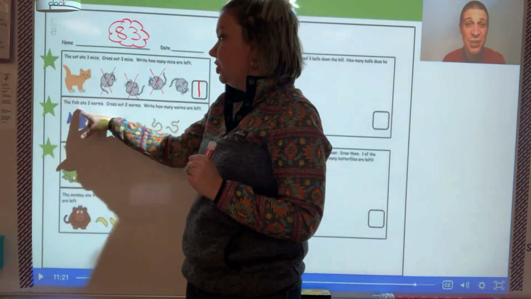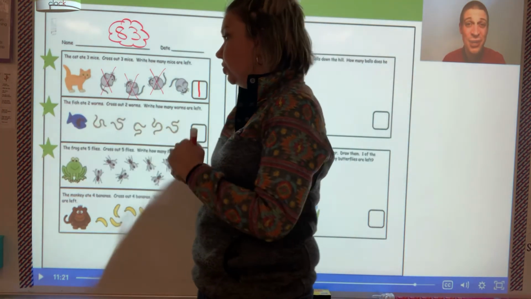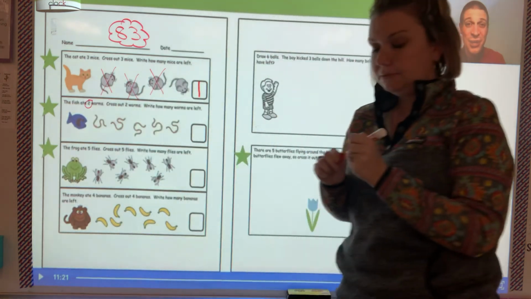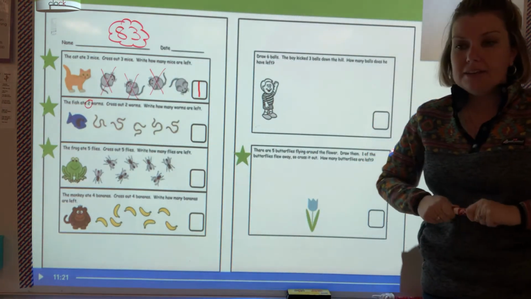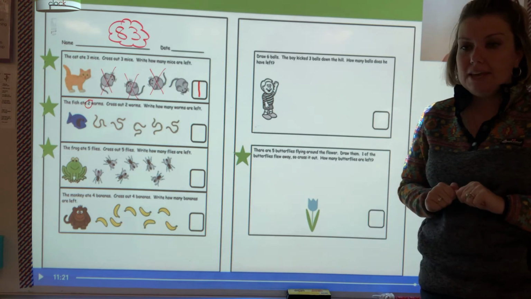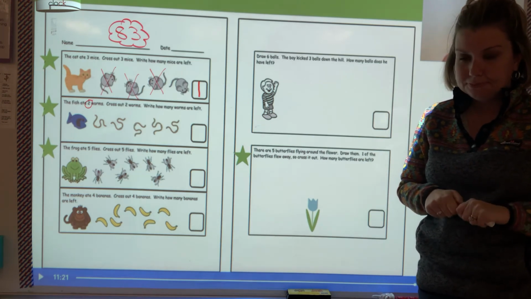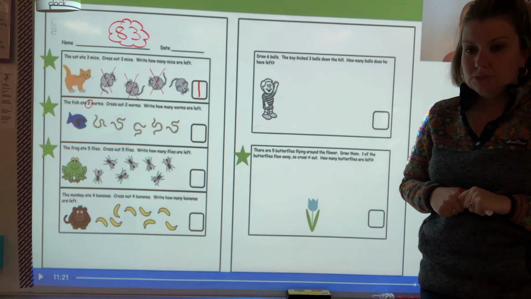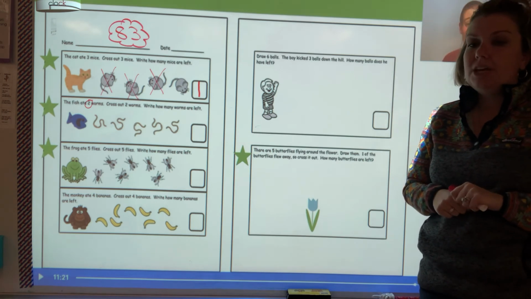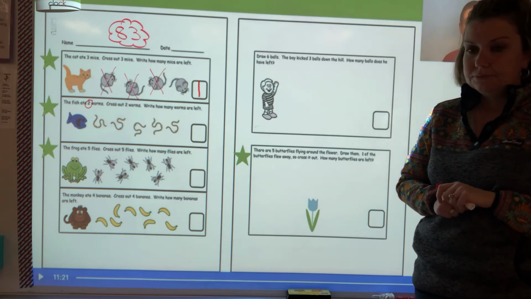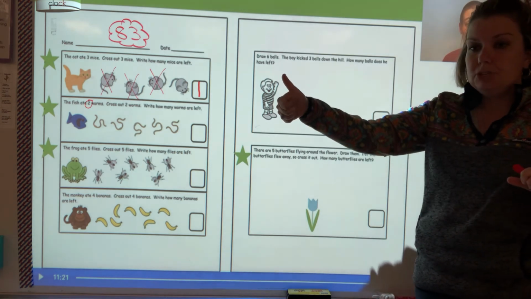The fish ate 2 worms. Go ahead and show that the fish ate 2 worms on your paper. Do it on your own. Give me a thumbs up when you've shown that.